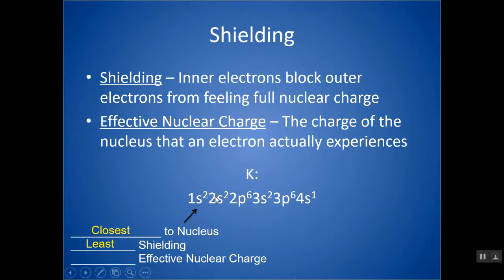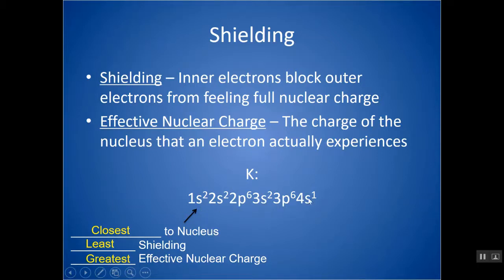As I get further from the nucleus, when I get into the second energy level, then I would start to have some shielding. Those 1s2 electrons would shield the second energy level from feeling the full nuclear charge. These 1s2 electrons, the electrons in the first energy level, would have the greatest effective nuclear charge. They would essentially feel the whole charge of the nucleus. They would feel all 19 protons because they're right up against them.